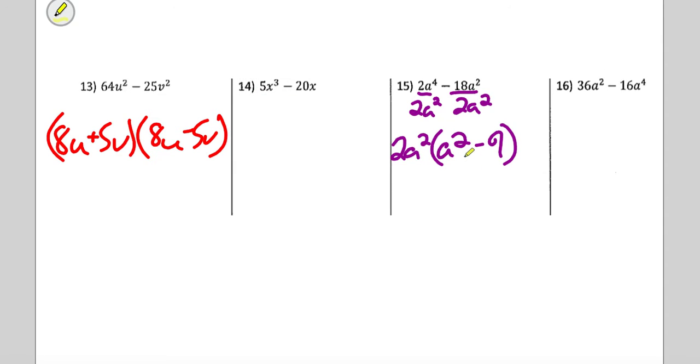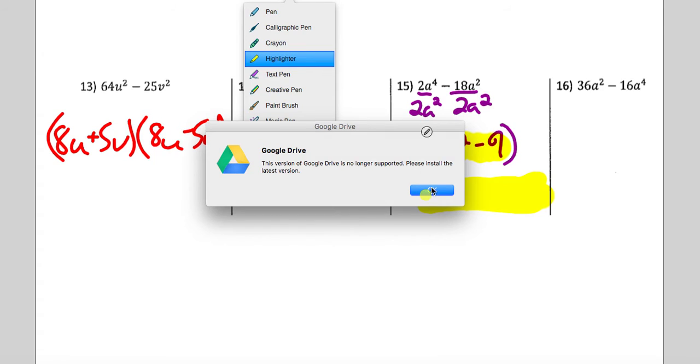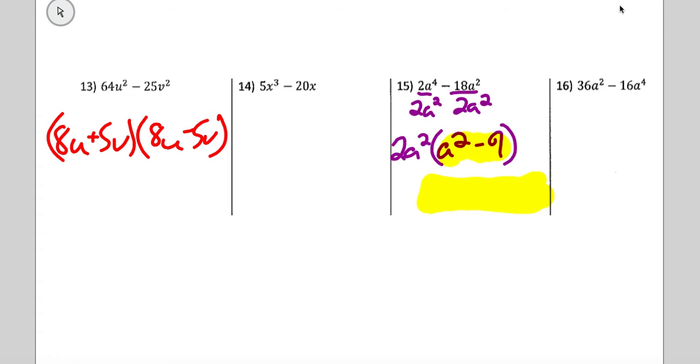So now we try to continue factoring what's left in the parentheses. Can't we square root both of those two terms that are being subtracted? So this is just like the problems up in front. It's just that we have a GCF in front of it that we keep on bringing along.